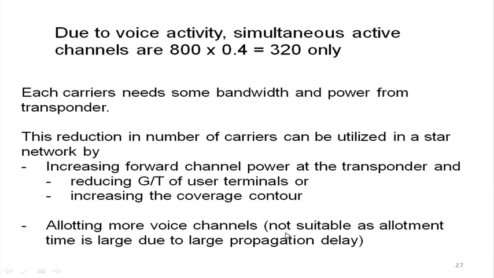So, this allotment procedure takes one hop, and you have to hold the voice for that. So, it is not suitable for a network with a large propagation delay, but for a small propagation delay network it is theoretically possible to allot more voice channels. In the satellite case it is not always used, but you can do the other things in terms of power.